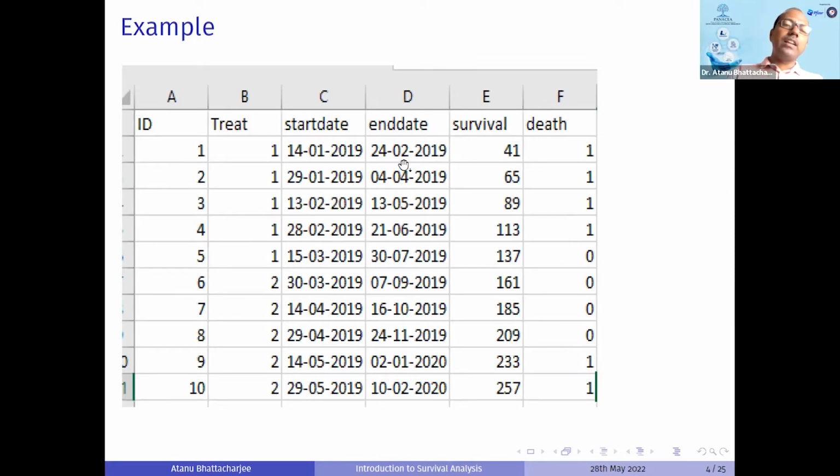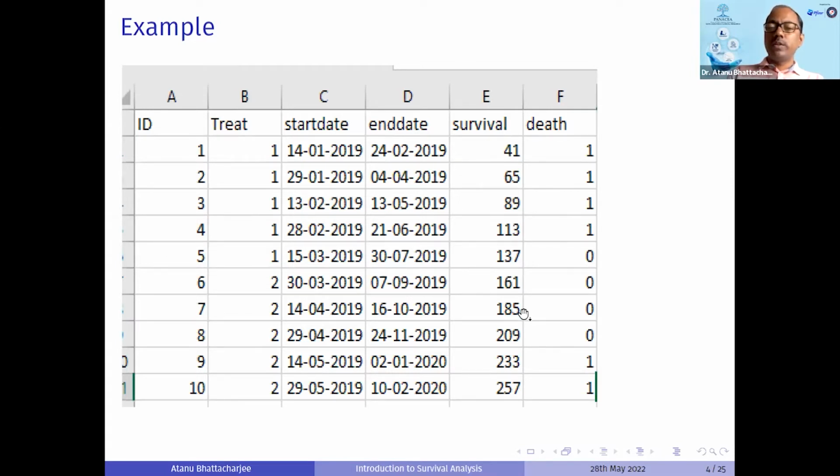So unless you are confirmed that the patient has died, don't put a death date; put the last date of the visit of the patient here. Otherwise, if you have seen the death certificate of the patient, then you can put the death date.